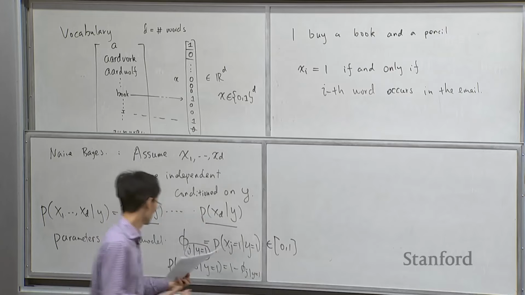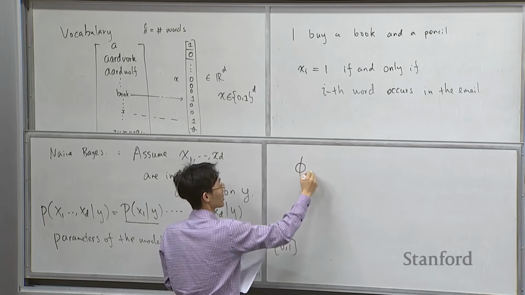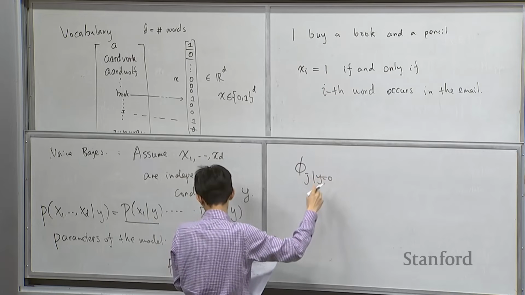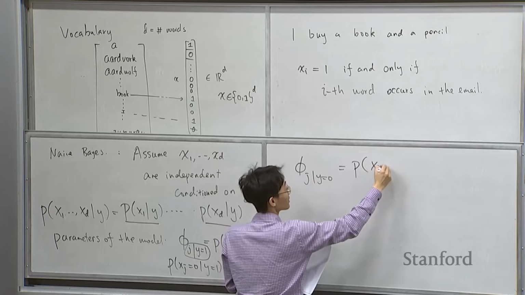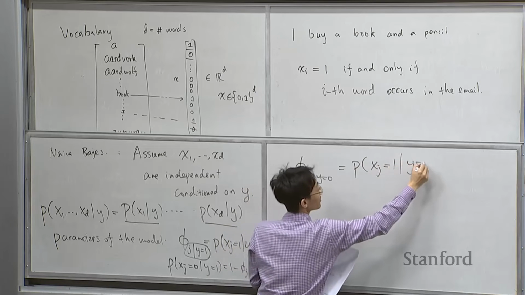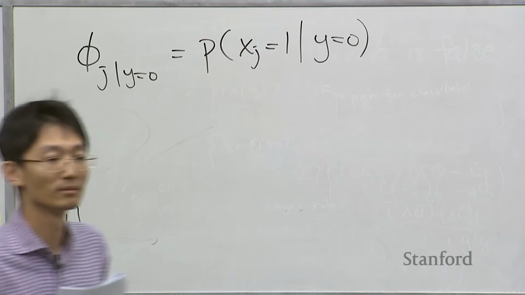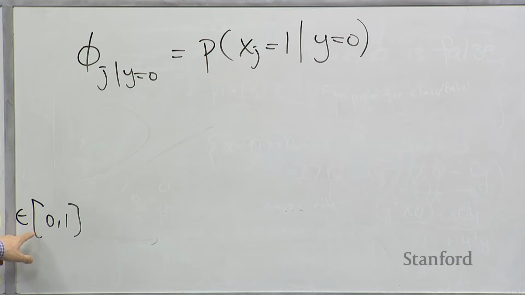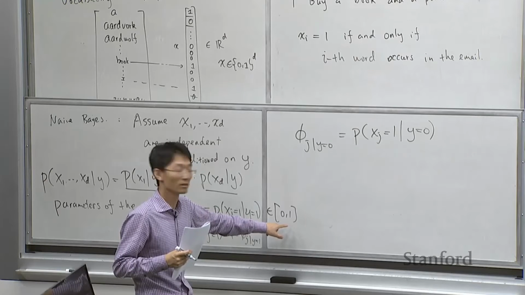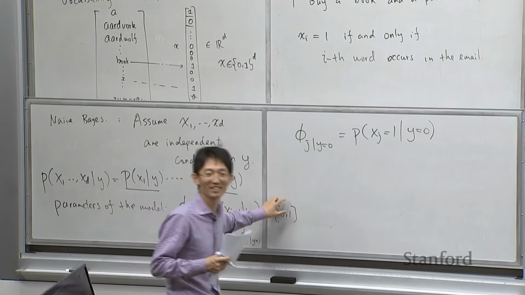And for y is 0, I'm also going to have a parameter. So I'm going to write this as phi j given y is 0. So this is the parameter for the distribution of xj given y is 0. Yes, it's between 0 and 1. This is the hard bracket.